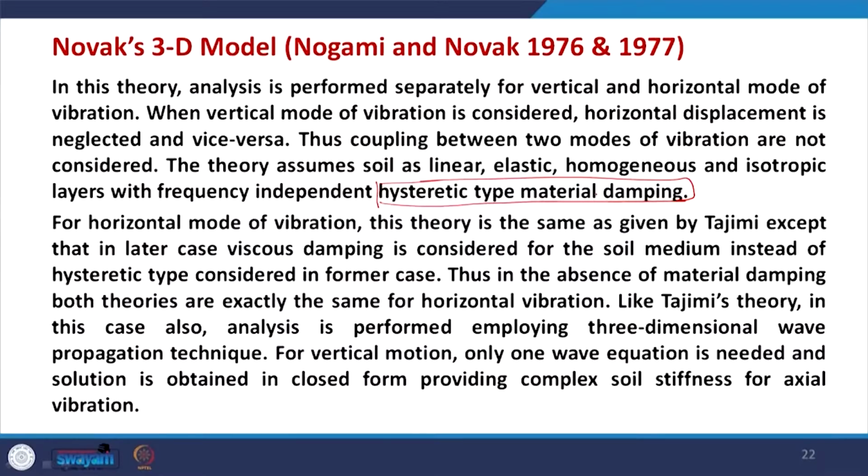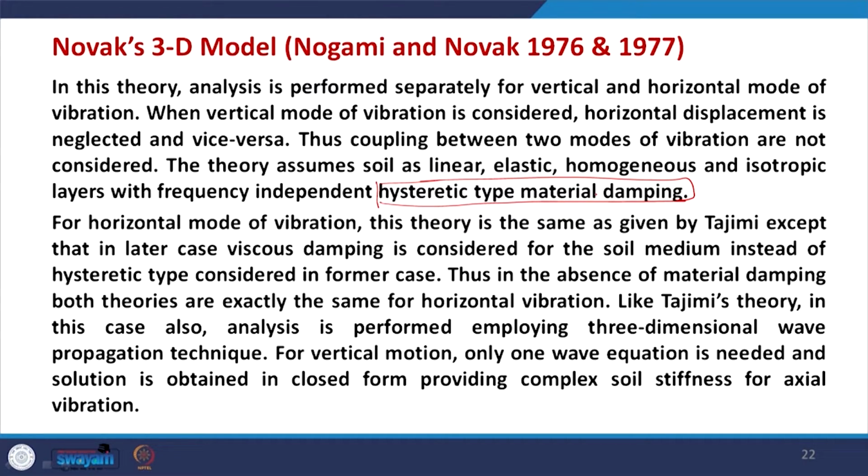So, for the horizontal mode of vibration, this theory is the same as given by Seismic, except that in the latter case viscous damping is considered. That means viscous damping is considered by Seismic, whereas hysteretic damping is considered by Novak, as we already discussed. Thus, in the absence of material damping, both theories are exactly the same for horizontal vibration.